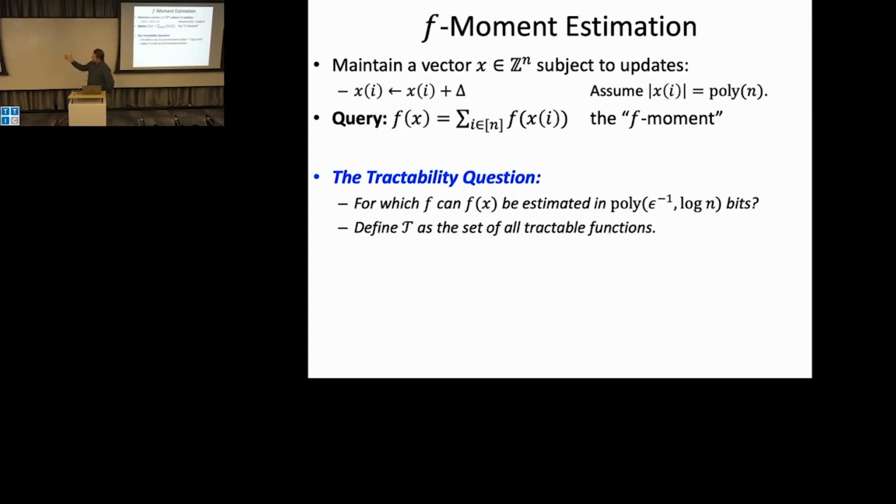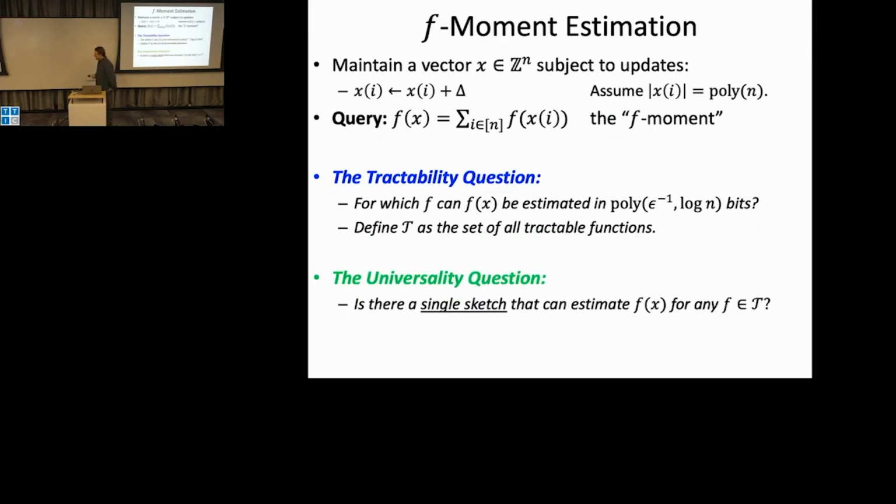If you ever resolve the tractability question, then whatever this set T is, it'll be well defined. And then you could ask the universality question: I have a large set of f's that are tractable. Do I need one sketch for every f, or can I have one sketch that just sort of magically works for every f in this entire class? Call that the universality question.